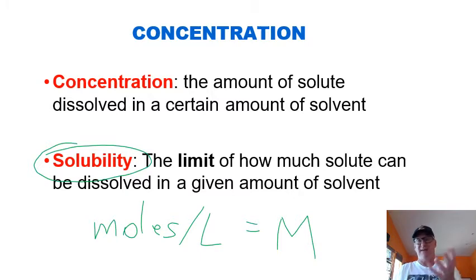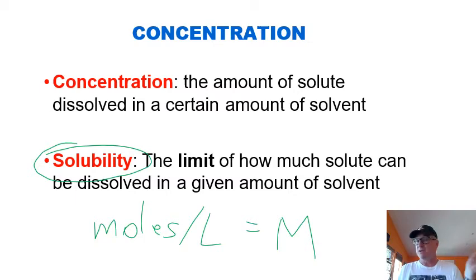That's like the limit of how much solute you can dissolve in a certain amount of solvent. Because all of us have made a solution of sugar or salt in water, and you stir it up and you add a little bit more, and you stir it up and you add a little bit more, and you notice that the more and more solute you add, the longer and longer it takes for it to dissolve, until eventually you add more solute and it just doesn't go into solution anymore.